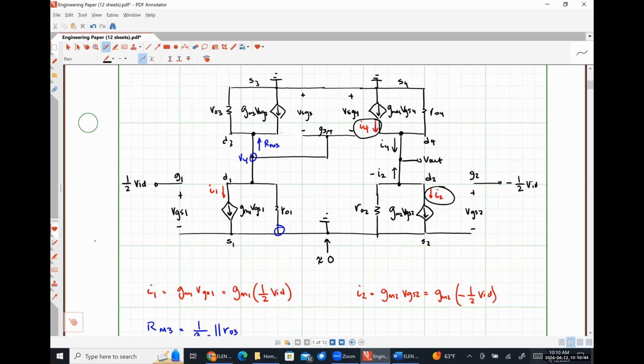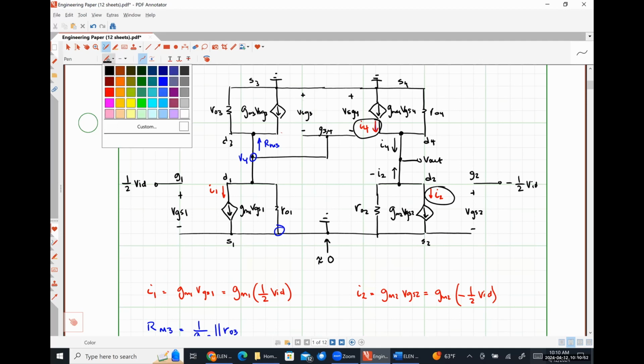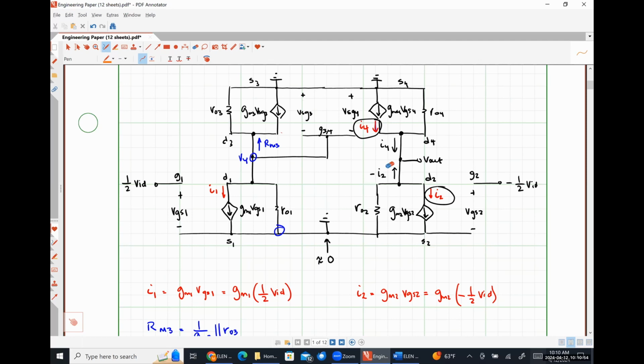So I think I understand what you're saying. So if we look at this thing right here, let me do this over here in purple. So we have I4 flowing down right here, right? It's going to see this node, and then we're going to have I2 split off. So that means the current flowing through R02 is I4 minus I2, applying Kirchhoff's current law.